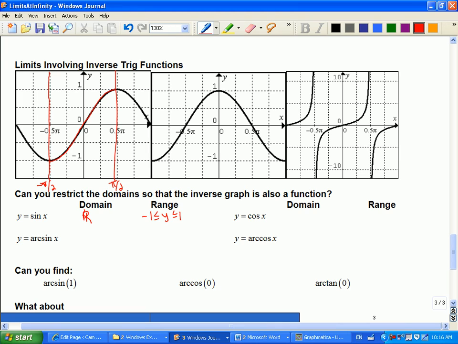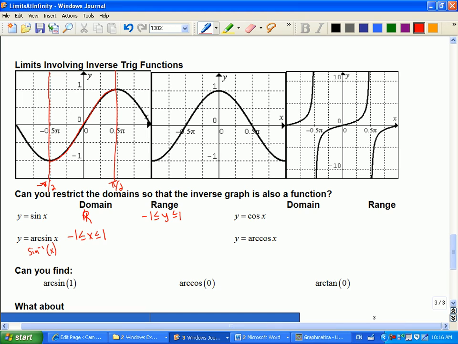If you know the range of sine is from -1 to 1, what do you know about the domain of arc sine? Yeah, the x and y's switch, so the domain must be -1 to 1. That's why you can't ask your calculator for the arc sine of 5. It doesn't exist. It's not in the domain, right? Arc sine, by the way, is the same thing as the inverse sine. We're talking about the same things.